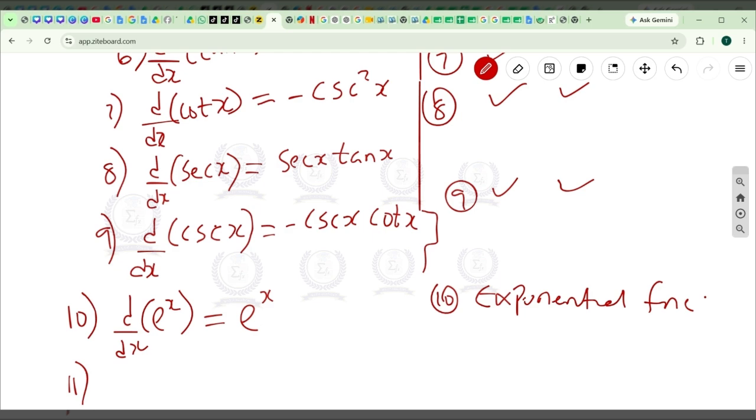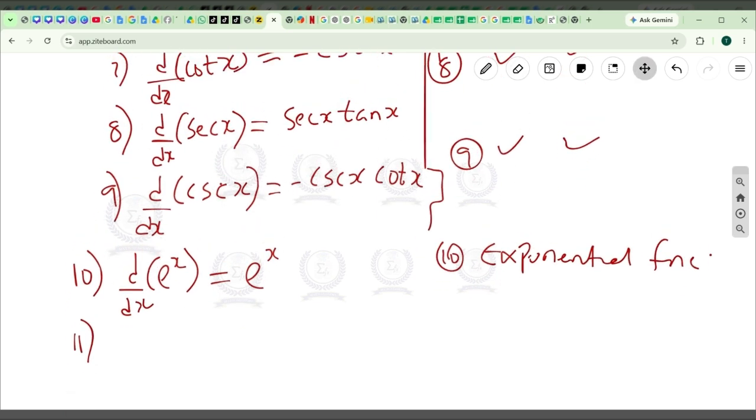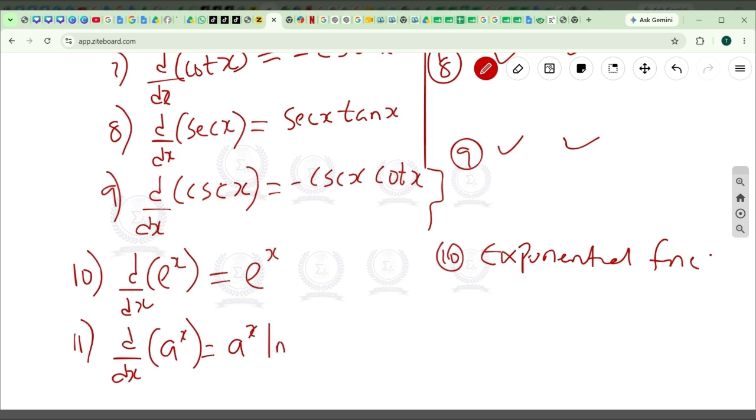And number 11, if you want to differentiate a to the power of x, what that means is a to the power of x ln a, as long as a is greater than 0 and a is not equal to 1.